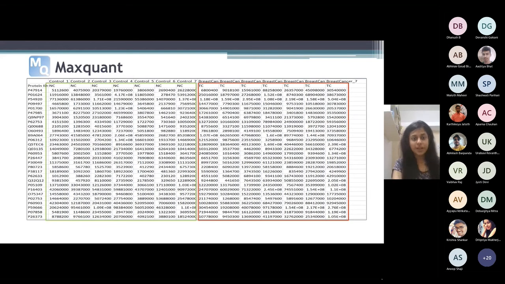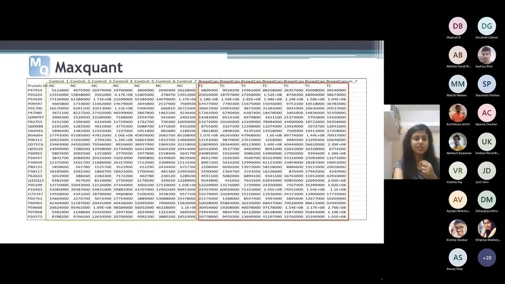Starting with MaxQuant, the proteins which were detected by the mass spectrometer were identified using their LFQ intensities. This was then used to generate a p/n matrix that had nearly 1700 proteins, and it had two different clusters, namely the normal cluster or NC and the tumor cluster or TC.